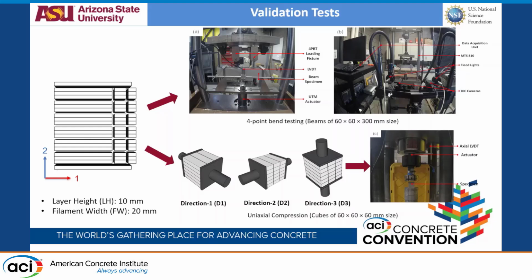The cubes are 60 by 60 by 60 millimeters, and the beam is a 60 by 60 by 300 mm beam. The 4-point bend test is done on a 240 mm span with 80 mm being the loaded middle third. So in flexure, I have not done D2 and D3 because it might in turn be characterizing the interfaces, but it's not actually the case, as we have seen in some of our tests, because the numbers are all over the place.